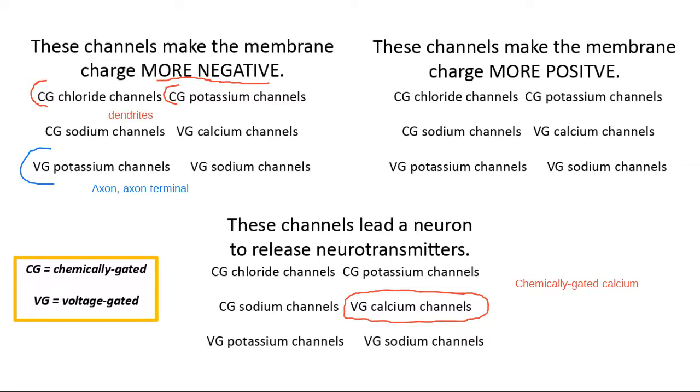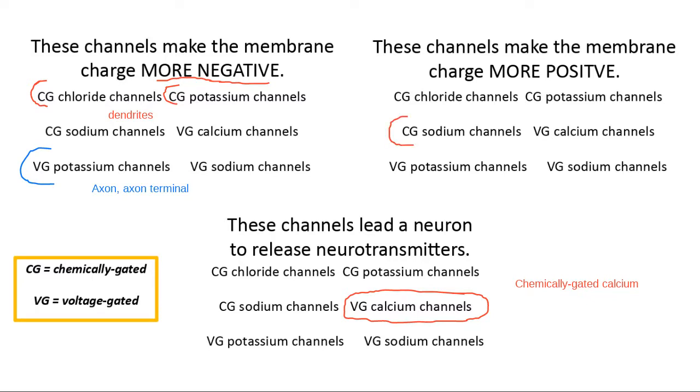Okay, let's do the same thing, except over here with positive. When we're talking positive here, which kind of ion helps me become more positive? What makes me more positive? Yeah, so at the dendrites, what's going to make me more positive?